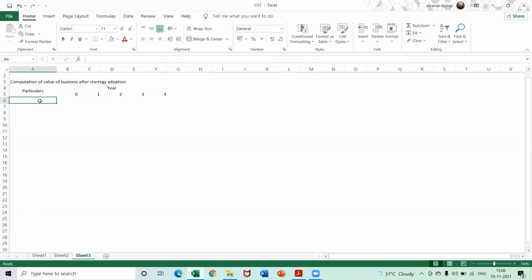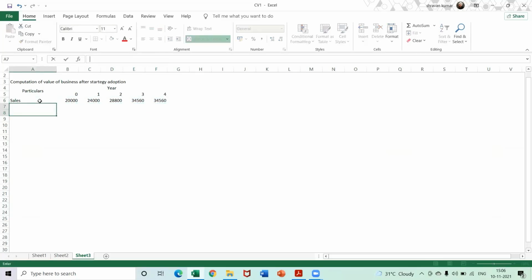Right now, sales. What is the value? 20,000. It will grow at 20% per annum for the first 3 years, then on it will stabilize. So this is into 1.2. So 20, 24. Thereafter it will stabilize.